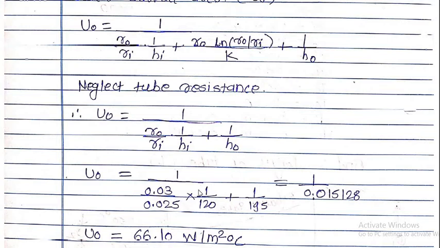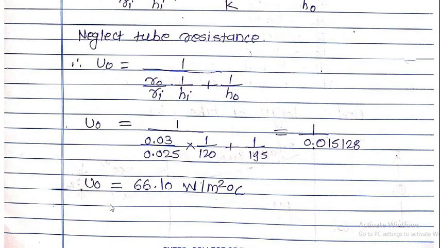Hi value is provided 120 watt per meter square degree Celsius. So multiply by 1 divided by 120 plus H naught value is 195. So 1 upon H naught becomes 1 divided by 195. So U naught is equal to 1 divided by 0.015128. So U naught, that is the overall heat transfer coefficient based on outer surface, is equal to 66.10 watt per meter square degree Celsius.